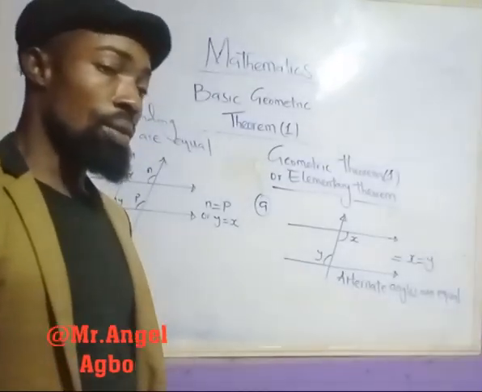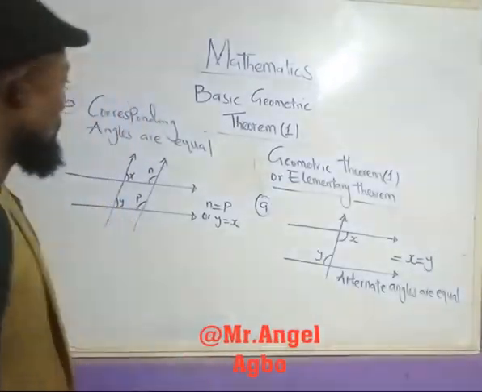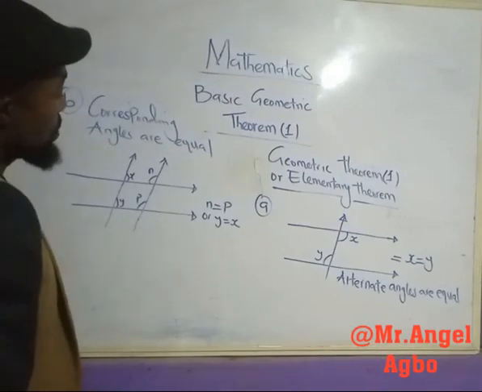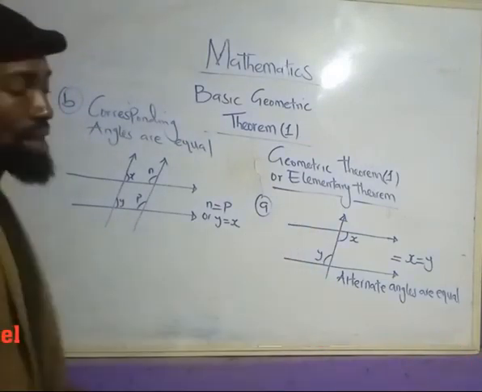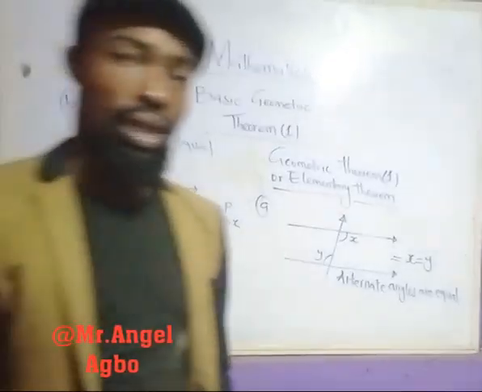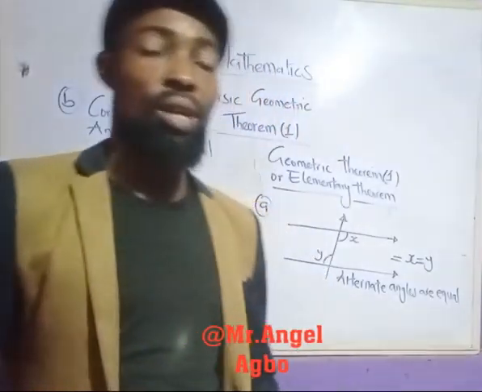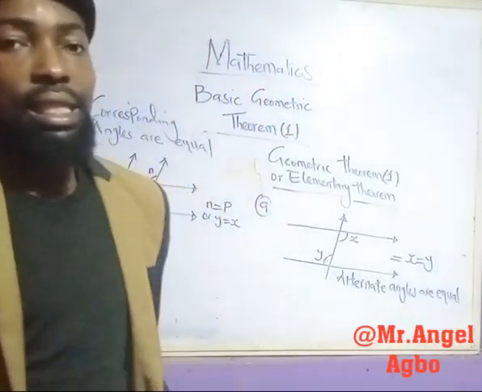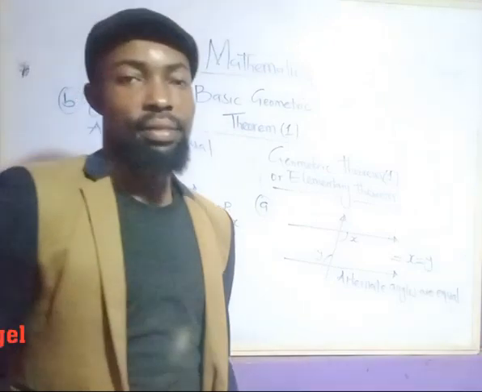Corresponding angles are equal. So just like we have in alternate angles that are always equal, corresponding angles are also equal. That is just it.